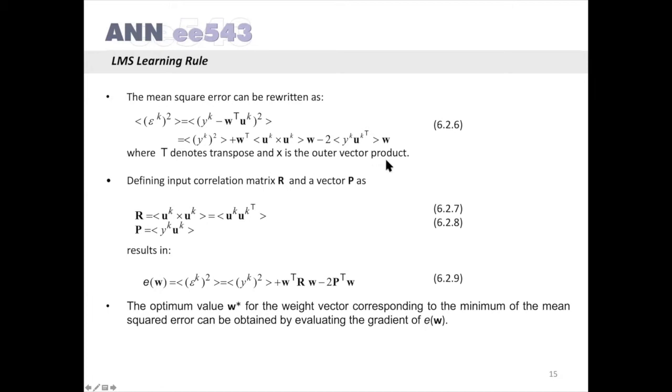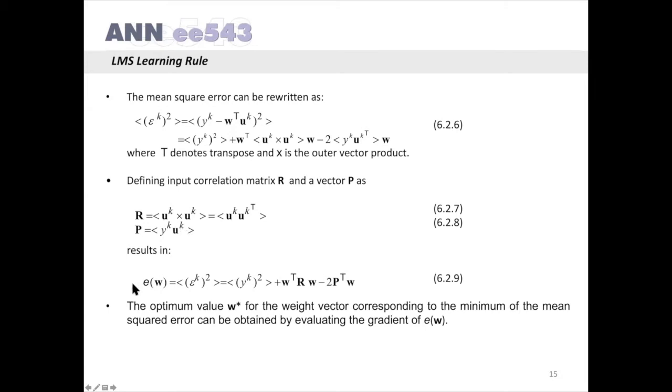Now let's define the matrix R and the vector P. R is this part, the mean of the outer product of the vectors u_k outer product u_k, which is equal to the mean of u_k u_k transpose. And P corresponds to this part: the mean value of y_k multiplied by u_k.